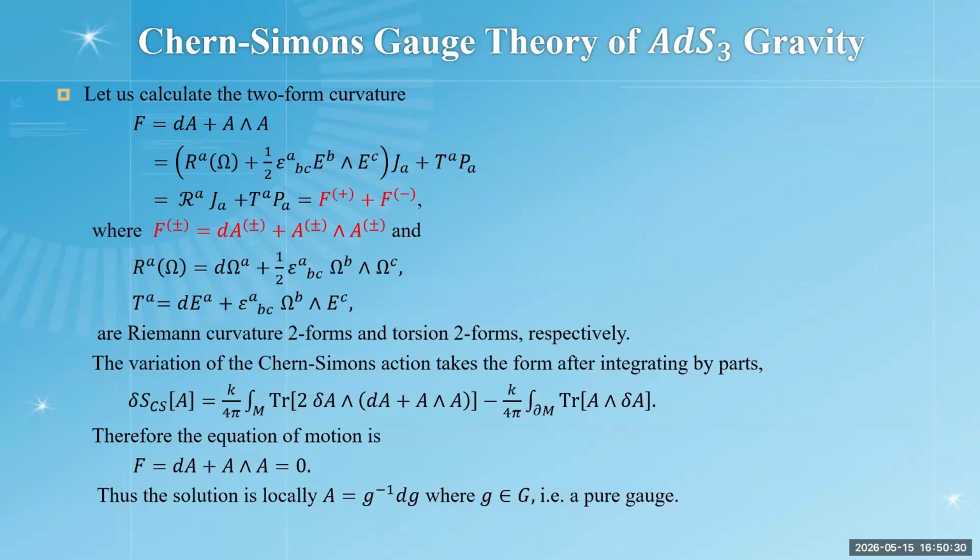This R^A omega is actually the curvature tensor of the spin connection, and this T^A is the so-called torsion. So the corresponding field strength of the momentum generator is torsion, and the field strength of the rotation generator is curvature, but we have this structure because we have AdS3 with cosmological constant. Actually, the cosmological constant is coming from this term.